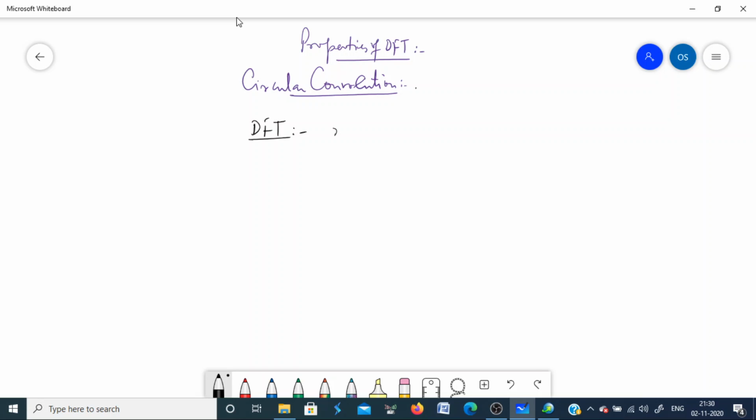That is, if you have a sequence x[n] and you find its discrete time Fourier transform, you get X(omega), and then if you take the samples of the DTFT, you get X[k], which is called the discrete Fourier transform. And if you apply inverse DFT, you can recover the original samples from the samples of the frequency spectrum.